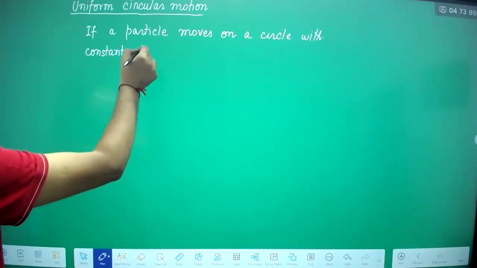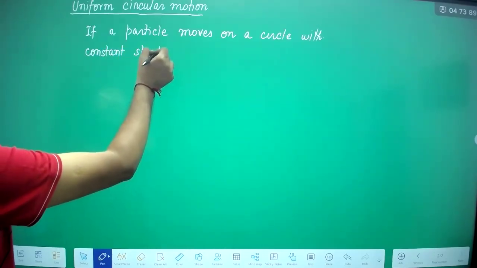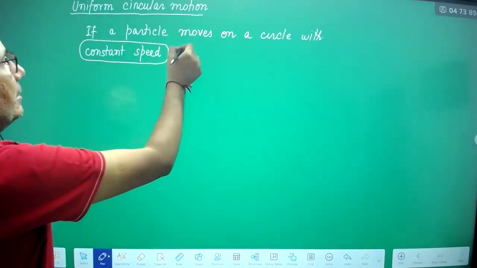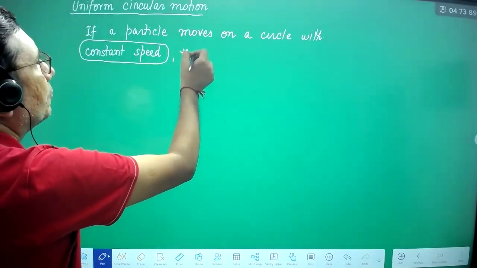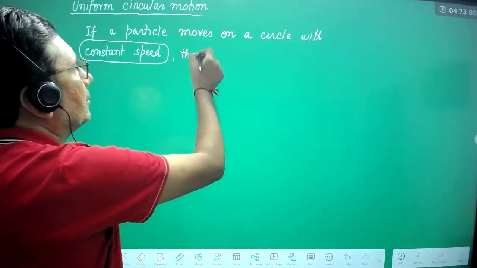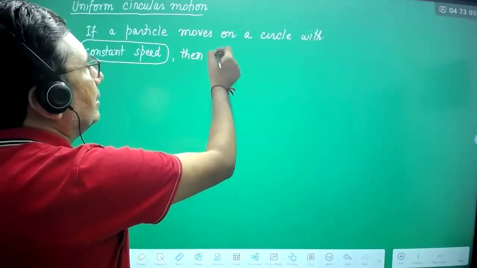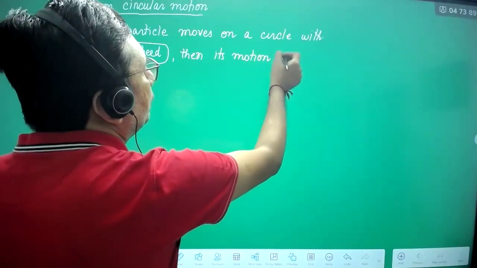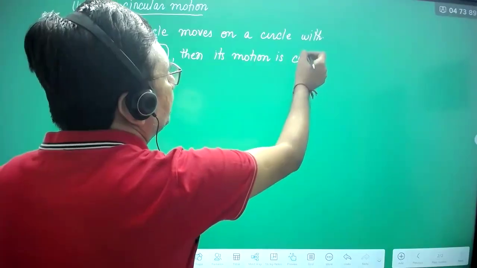So if a particle is moving on a circle with a constant speed, then its motion is called uniform circular motion.